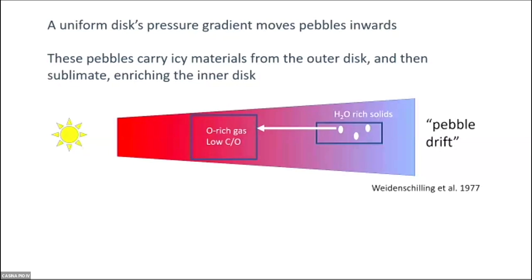And when they get to the inner disk, they sublimate, so they enrich the inner disk in whatever they were carrying inwards. So for example, if you are bringing in water, ice-rich solids, then the inner disk gets enriched in oxygen. And because we like to talk about C to O, we often parameterize this as a C to O. So that would give you a low C to O ratio in the inner disk.